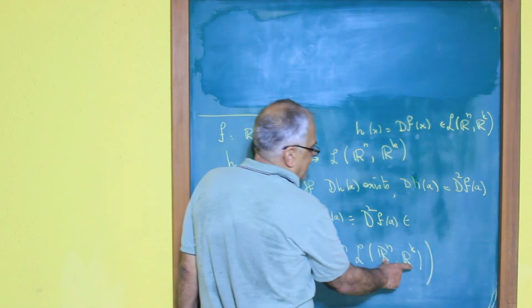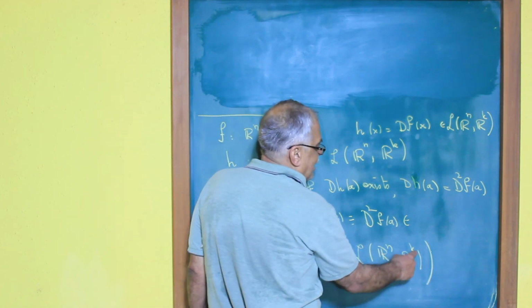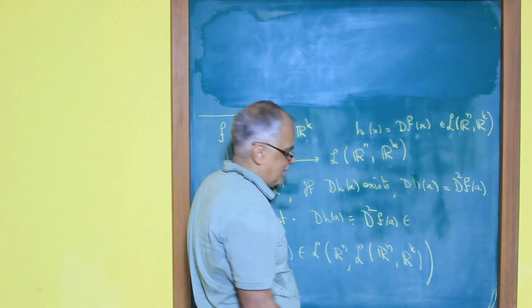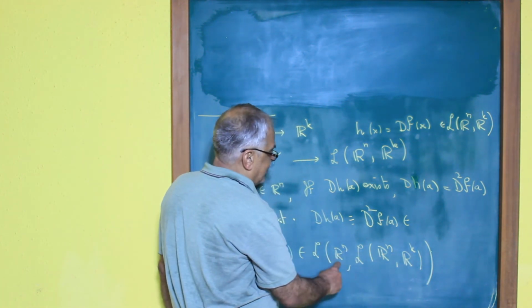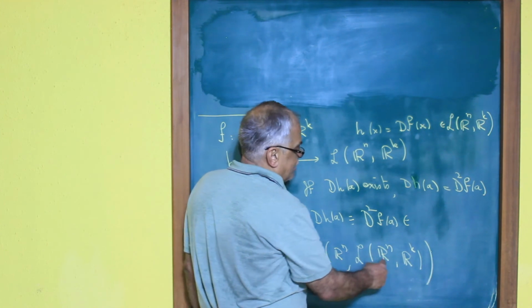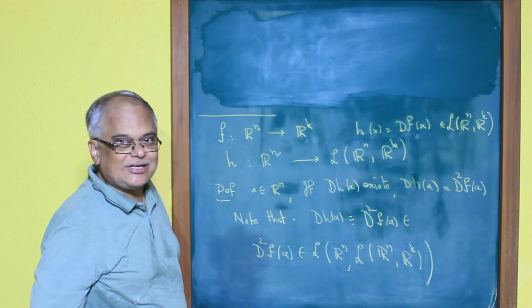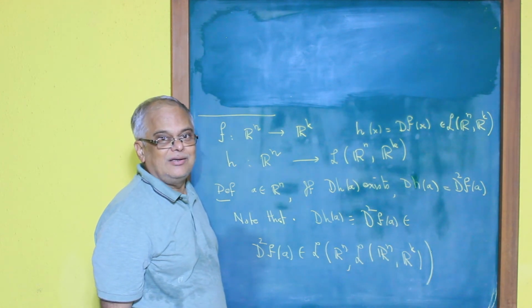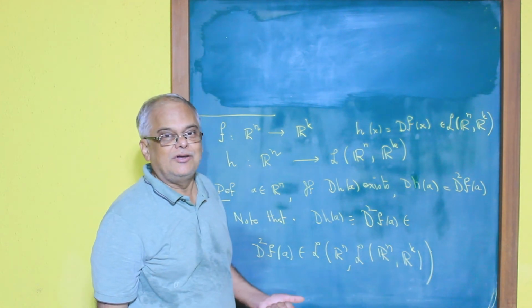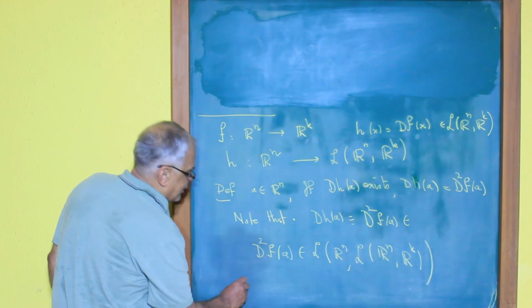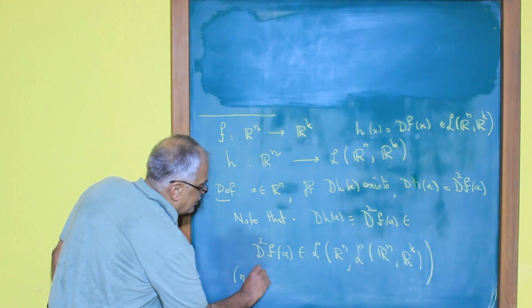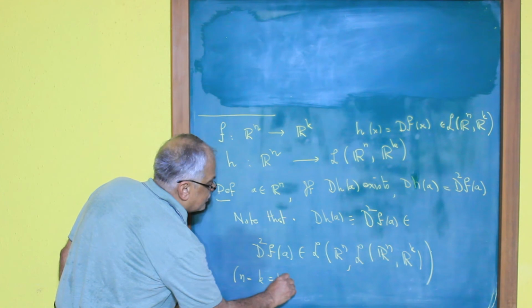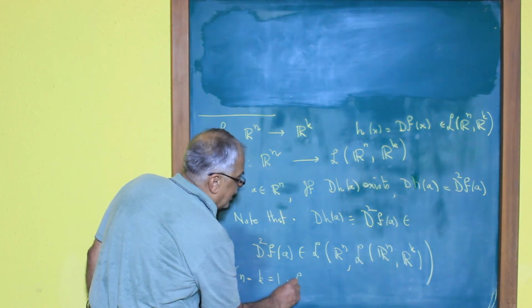So linear maps from R to R is just R. N is equal to 1, so that becomes linear maps from R to R, which is just R. So the second derivative in the case when n is equal to k is equal to 1 can be represented by a real number.